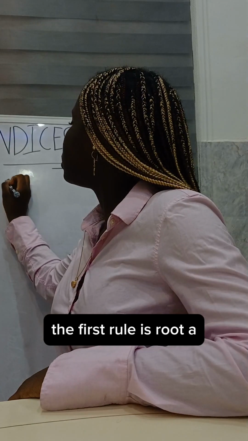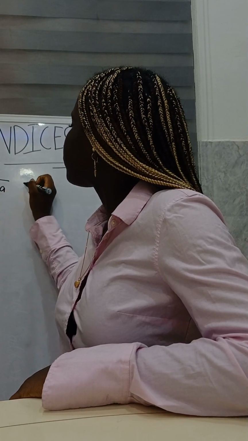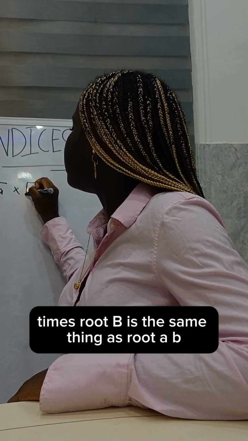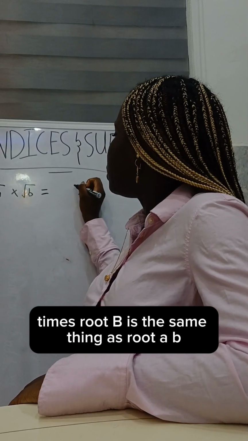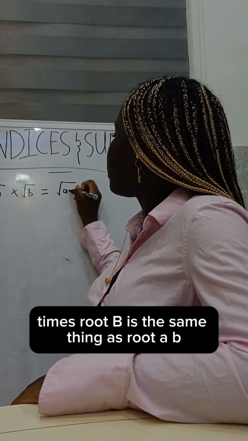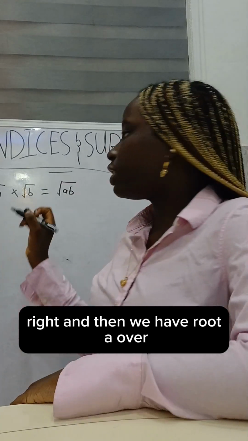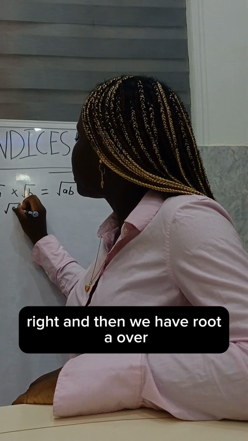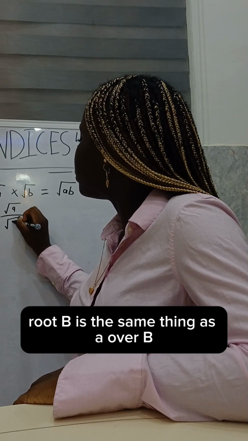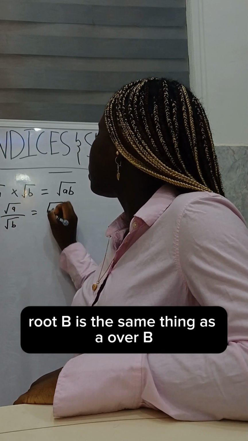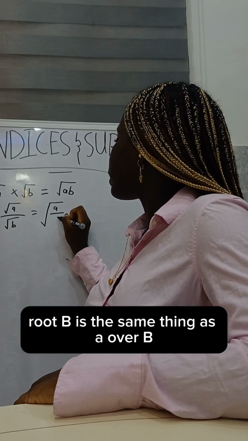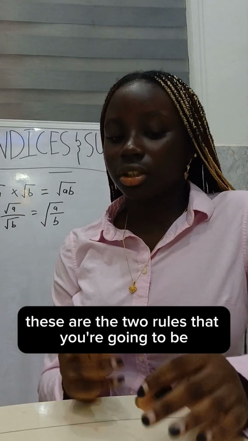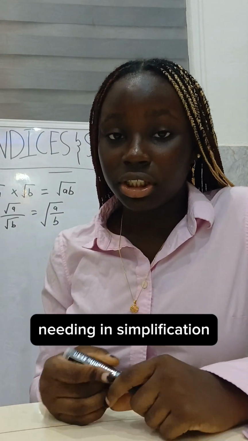The first rule is root a times root b is the same thing as root ab, right? And then we have root a over root b is the same thing as root a over b. These are the two rules that we'll need for simplification.